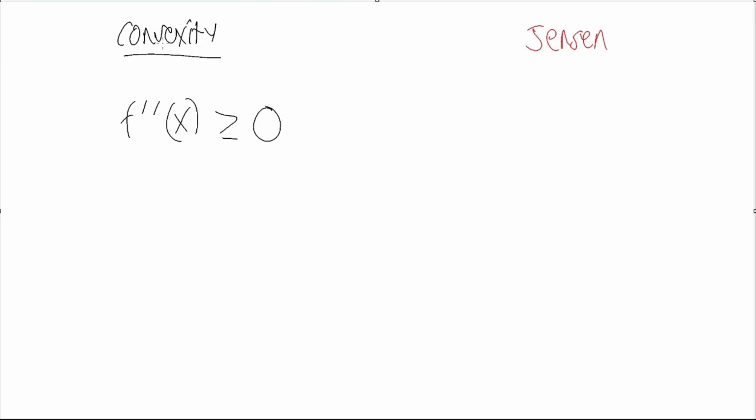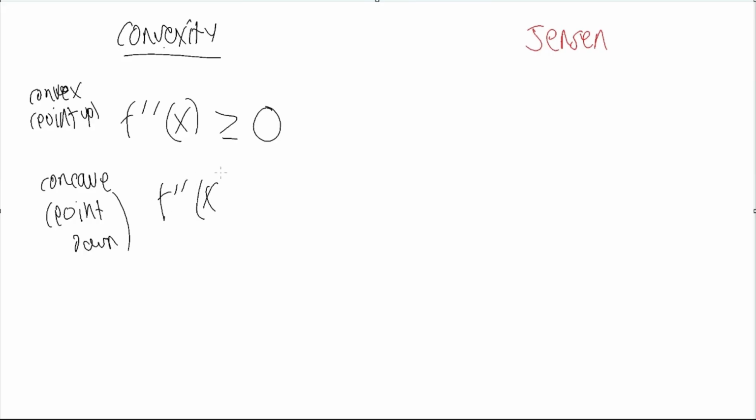Convex means it's pointed upwards. And then concave means pointed down. And this happens if f is twice differentiable, f double prime of x is less than or equal to 0.